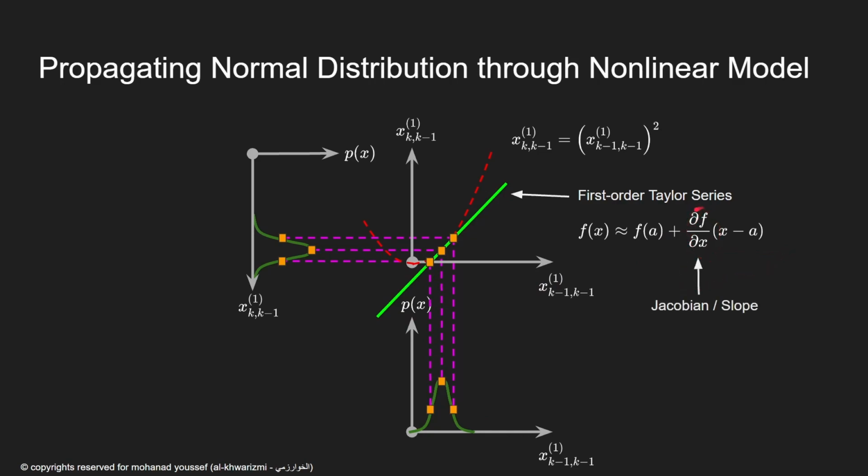So this is, as we said, the slope, or we can also call the Jacobian. And the Jacobian for this exact example will be the derivative of x squared by dx. So we get down the power here and then subtract it by 1, so it's 2x.